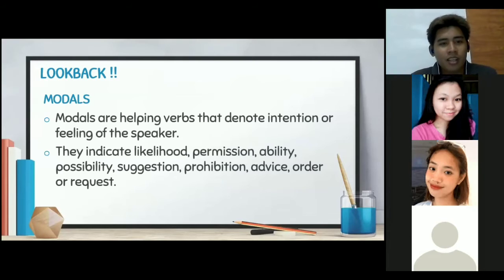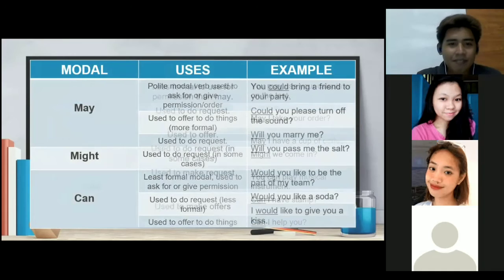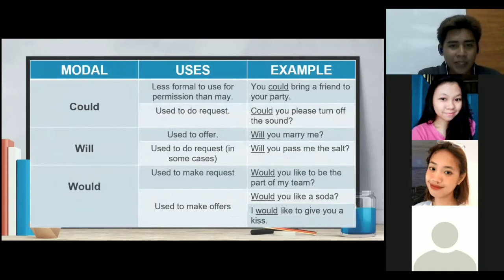Modals can control, and they set the standards for the emotion or feelings of the speaker to the receiver of the message. Like I said last time, here are some of the uses and examples of the modal verbs may, might, can, could, will, and would.